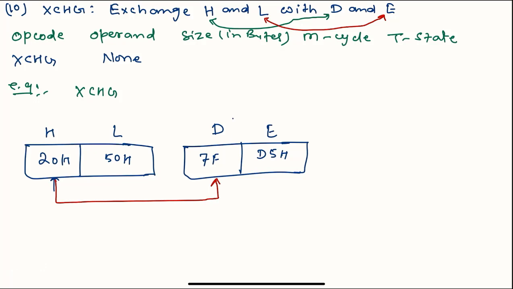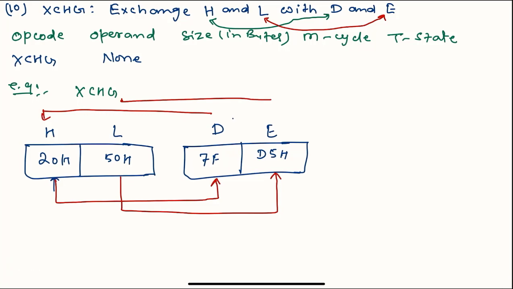The content of H will come to the place of D, and the content of D will go to the place of H. Similarly, the content of L will replace the content of E, and the content of E will be replaced by L. So it is interchanging the content of H with D and L with E. The higher byte is exchanged with the higher byte, and the lower byte of the HL pair is exchanged with the lower byte of the DE register pair.